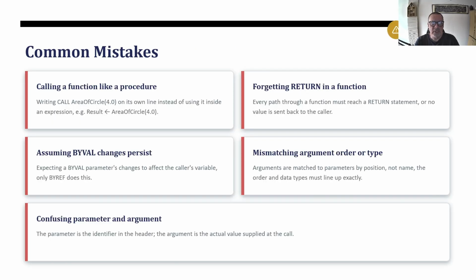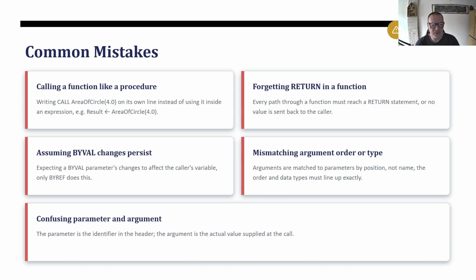Some common mistakes. Don't call a function like a procedure. So if it's a function, don't use the word call. You don't need to. That's just for procedures. Don't forget to have at least one return inside a function. All functions must have the word return in somewhere at least once. Make sure you're careful with by val and by ref.